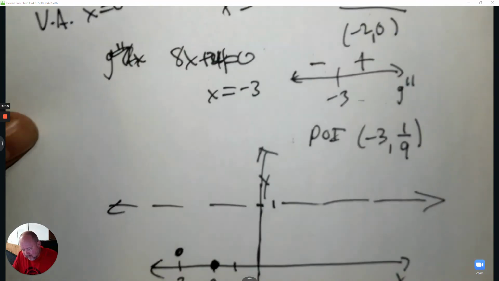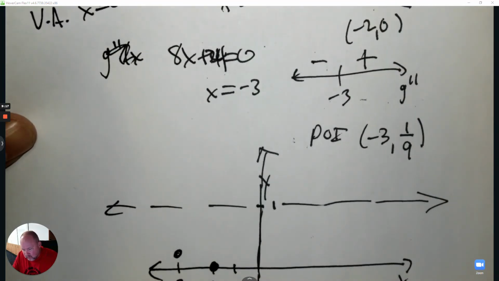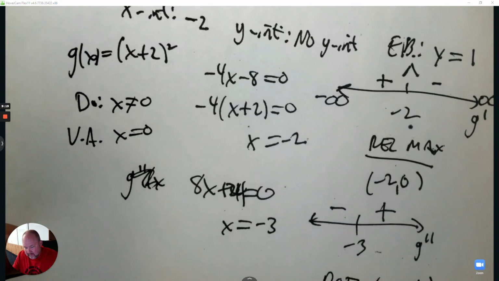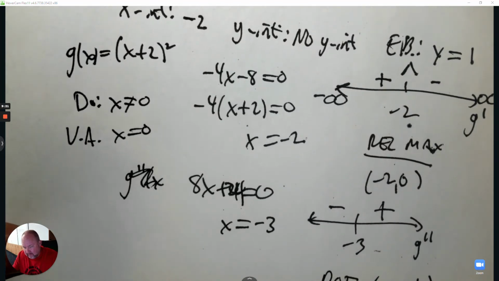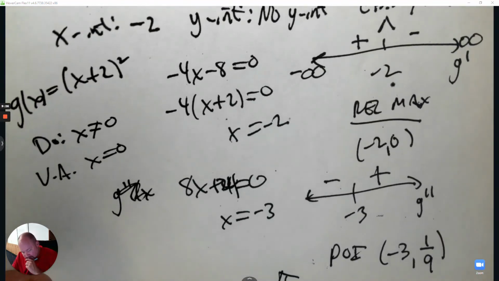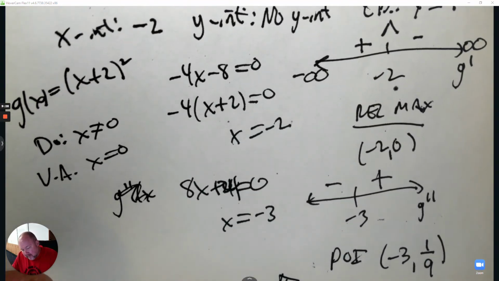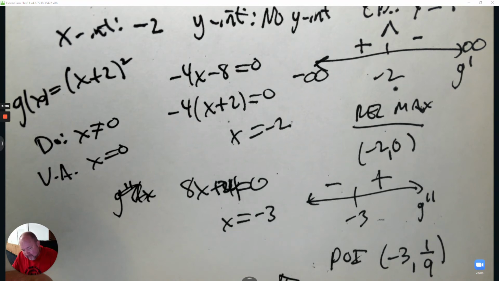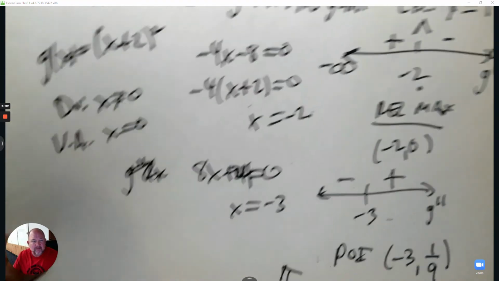How does that create this? I made some mistake somewhere here. Because on the graph, at negative 2 and 0, we said was a maximum. What mistake did I make?